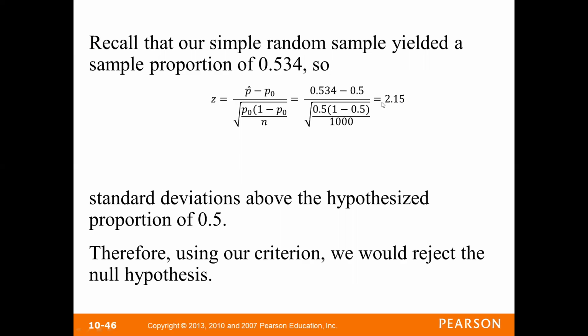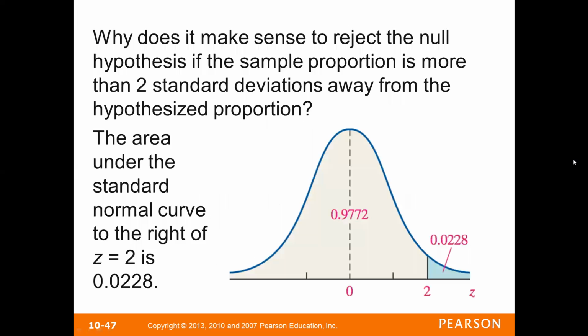So we know that we are 2.15 standard deviations above the hypothesized proportion of 0.5. Because we're so far away from the hypothesized proportion, we're going to reject the null hypothesis. We're going to conclude that the true population proportion is more than 0.5.